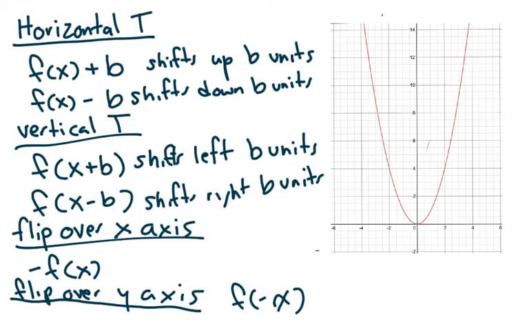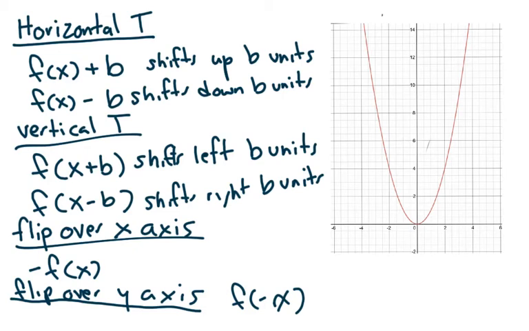This is going to be a flip over the y-axis. Since this is symmetric, you're not going to notice it. But an example of this would be f of x is equal to negative x, squared, where you're actually taking the negative x and squaring it. Okay? Again, this was a poor example for this because you can't see it exactly. All right?